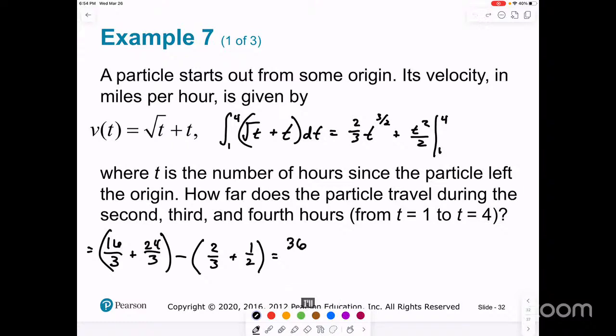I'll go ahead and distribute my negative as well. Times 2, so minus 4 over 6 minus 3 over 6. Okay, so that's a minus 7. That's a positive 41, 71, 73 over 6.